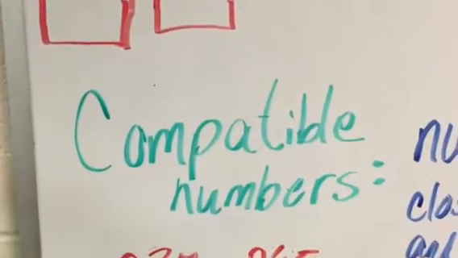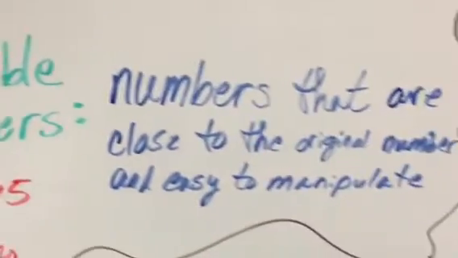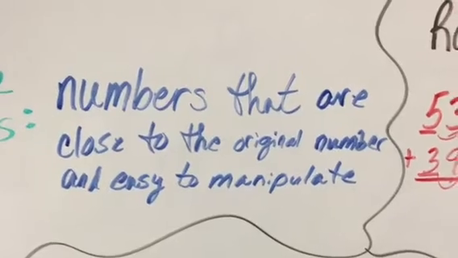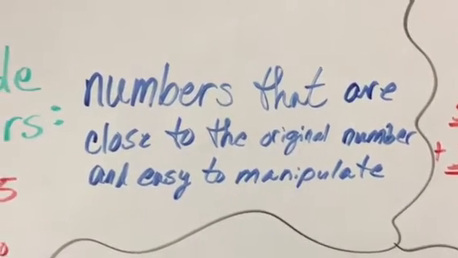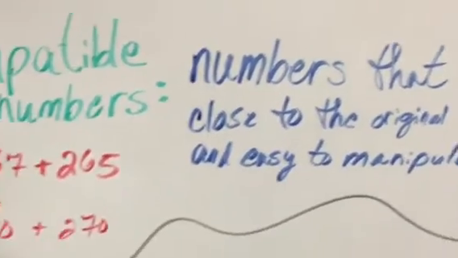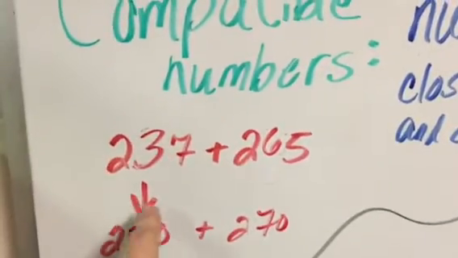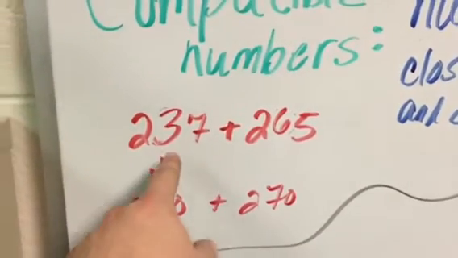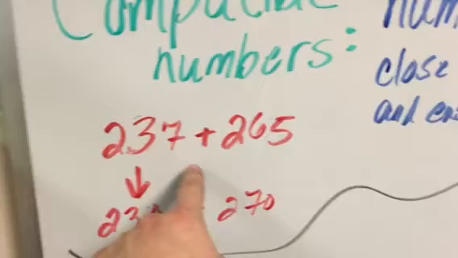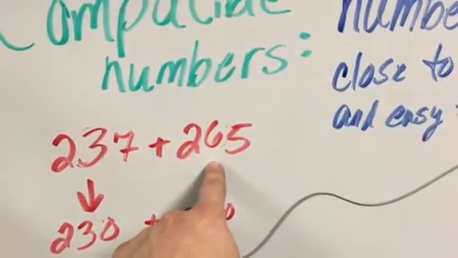The second one is compatible numbers. These are a little bit more tricky. They're numbers that are close to the original number and easily manipulative. So let's look at this example. 237 plus 265. I know that this is close to 230 and this is close to 270.